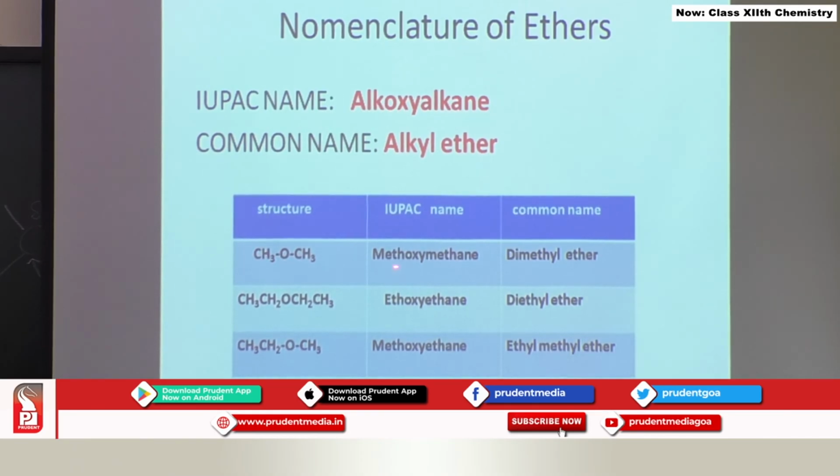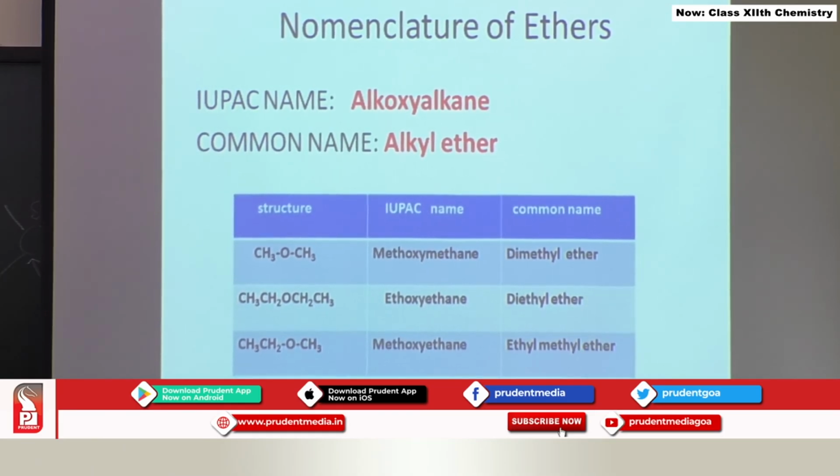So, the IUPAC name becomes methoxymethane and the common name becomes dimethyl ether, since a methyl group is present on either side of the ethereal oxygen. The second example is also similar. I have taken a symmetric ether, this becomes ethoxyethane or diethyl ether.